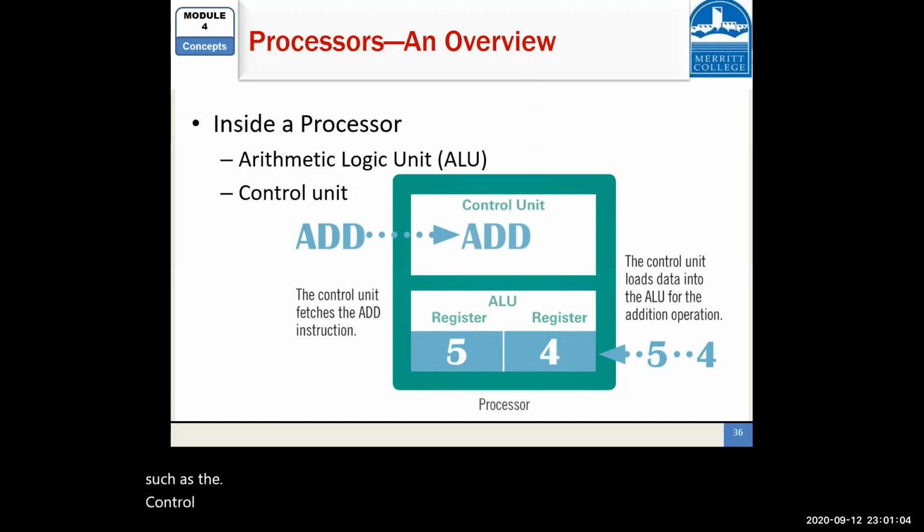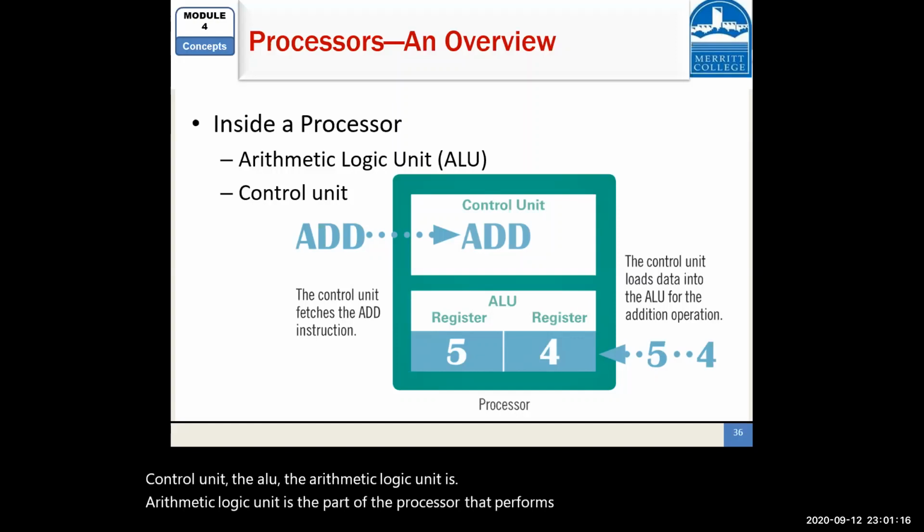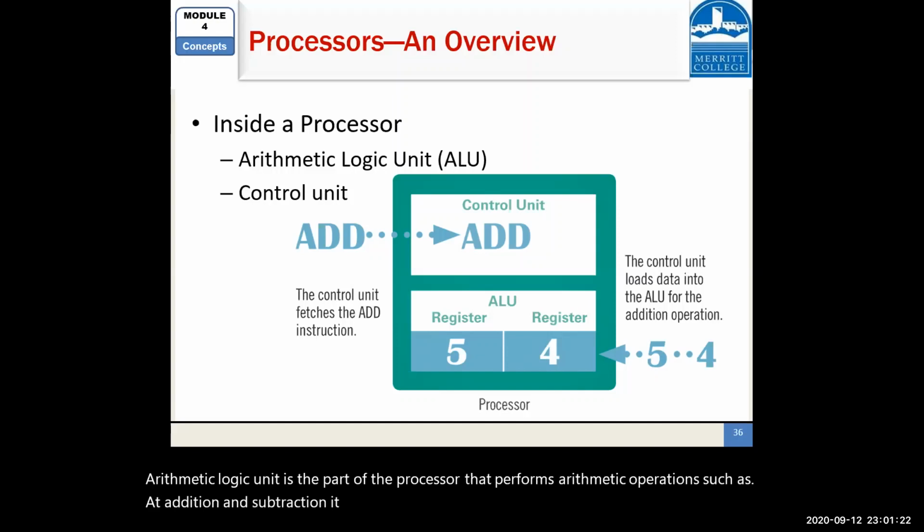The ALU, the arithmetic logic unit, is the part of the processor that performs arithmetic operations such as addition and subtraction. It also performs logical operations such as comparing two numbers to see if they are the same. The ALU uses registers to hold data that is being processed.